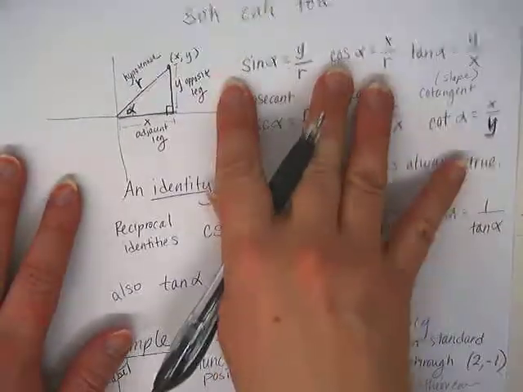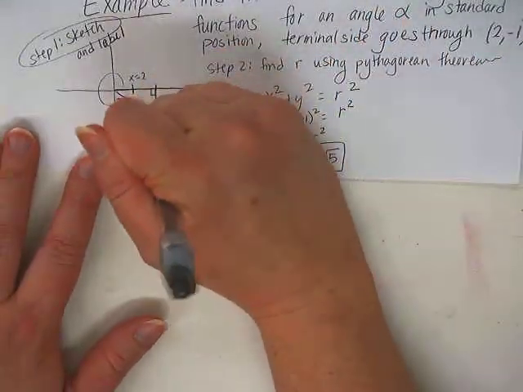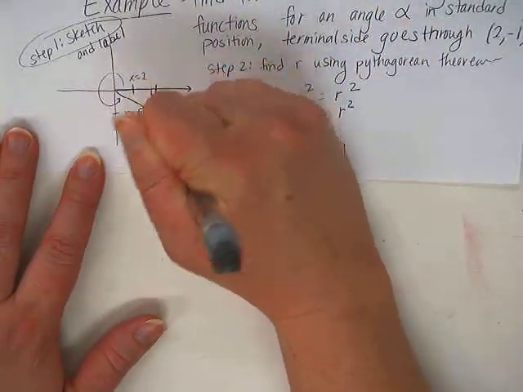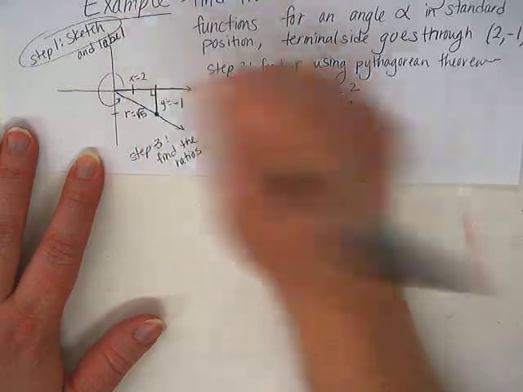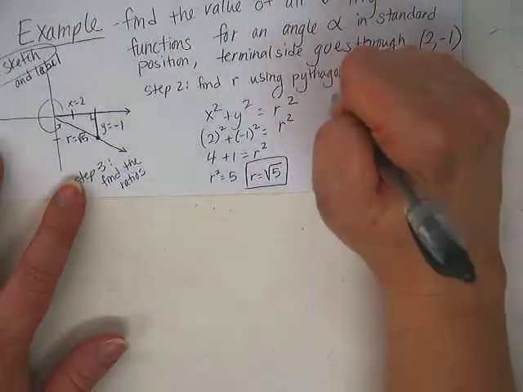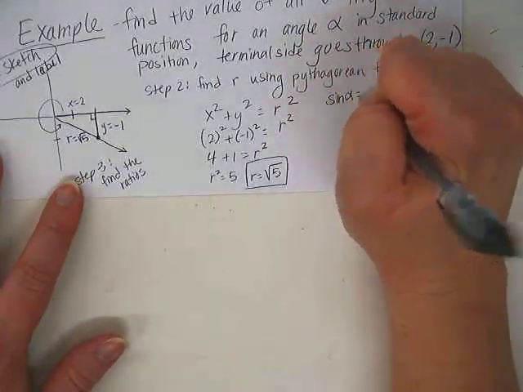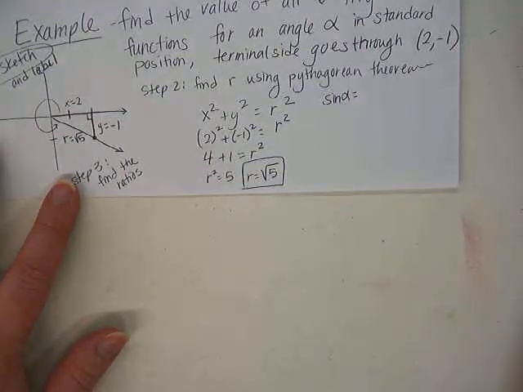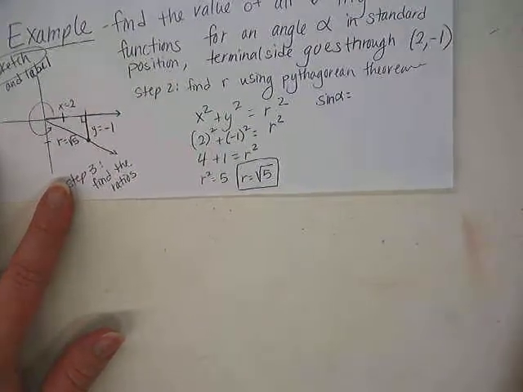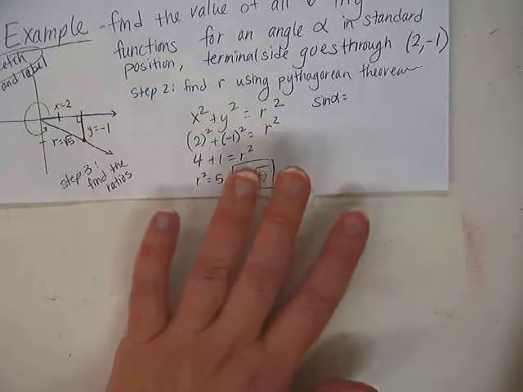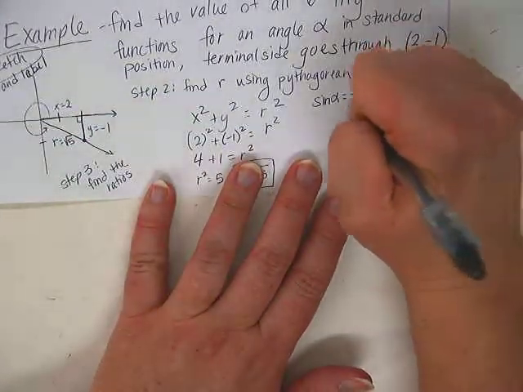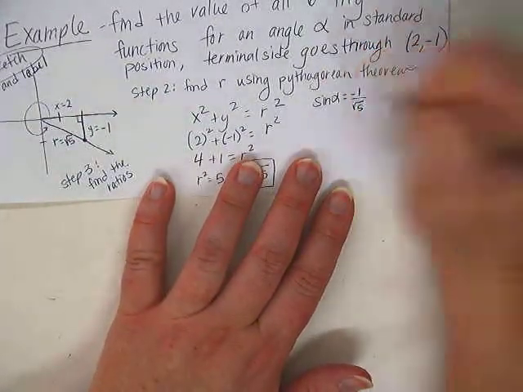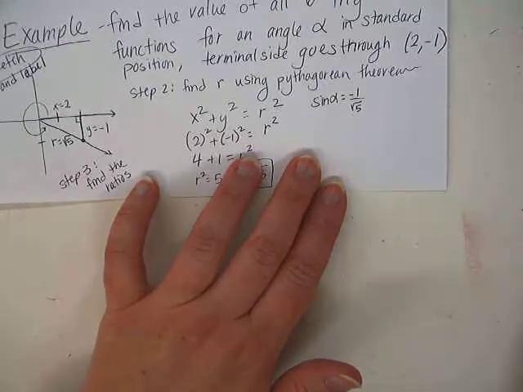Okay, now that we know what r is, our last step is to just go ahead and do your ratios using the stuff we learned today. This stuff right here. Find the ratios. Okay, so sine is y over r.